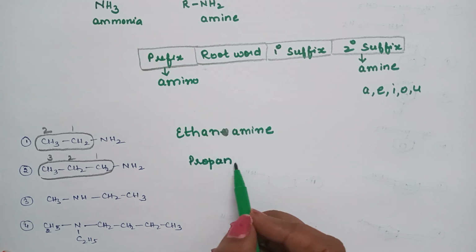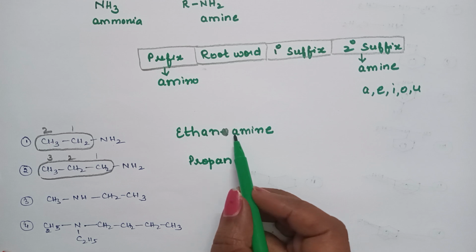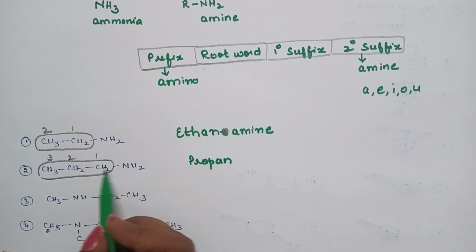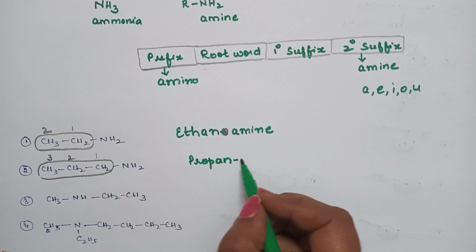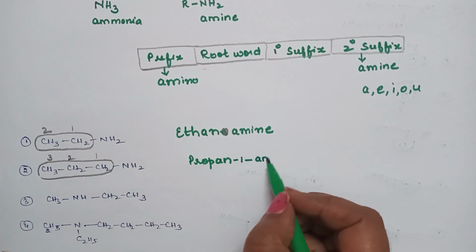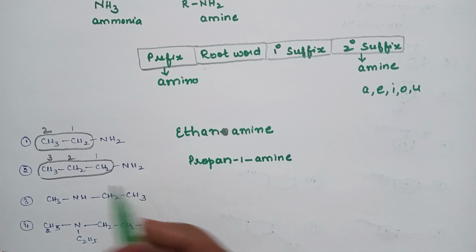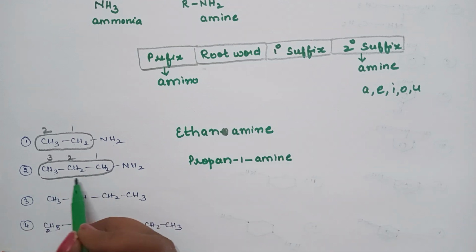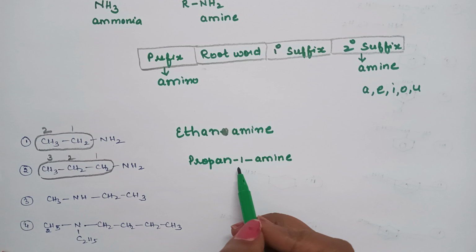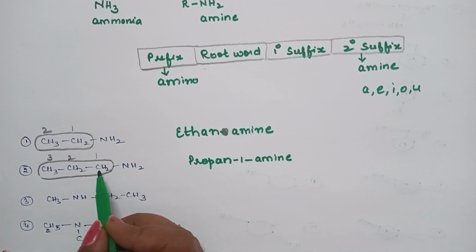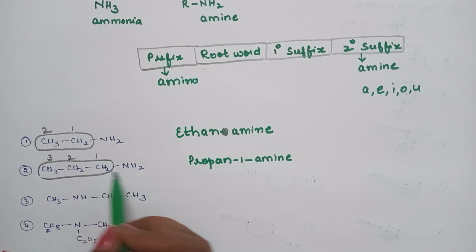Don't write E because amine starts with A. Here the amine group is attached to the first carbon, so it is 1 amine. Students, if 3 carbon or more than 3 carbon atoms are there, then you have to mention the position of the carbon, that is, to which carbon the amine group is attached.